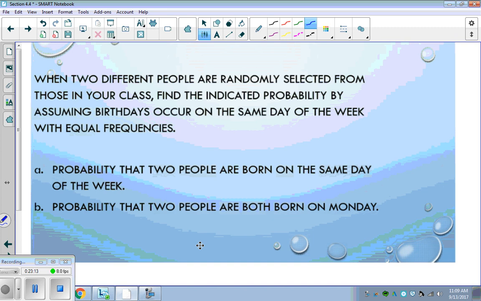So the first one is the probability that 2 people are born on the same day of the week. Now, before we start to answer that one, the second one says the probability that 2 people are both born on Monday. They are different.